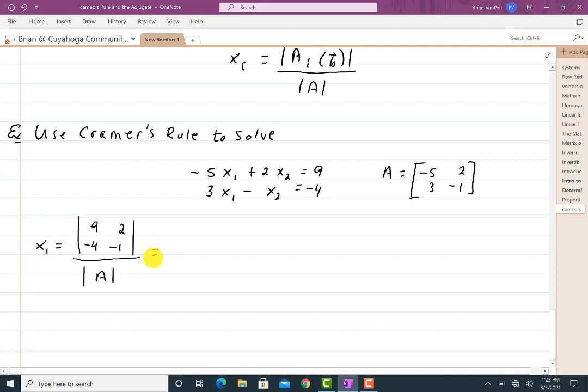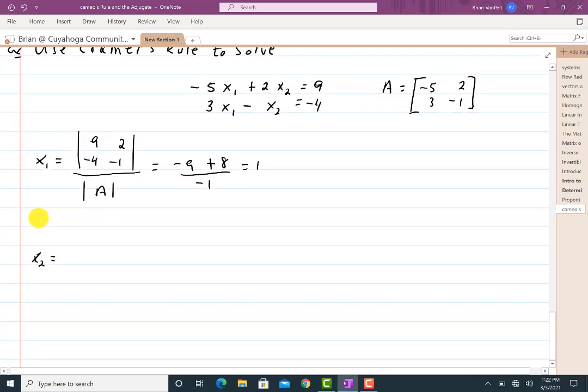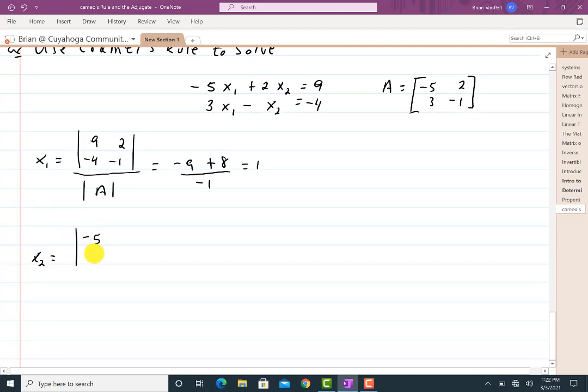All right, well, let's go ahead and write these out then. So for this, I do my normal cross multiplication. 9 times -1 will be -9 plus 8. And the matrix itself, its determinant is 5 minus 6, so that's -1. So this ends up being 1. Very nice. And then x sub 2 equals, this time what I'm going to do is leave the first column of A alone, but now I will replace the second column with 9, -4, the answers.